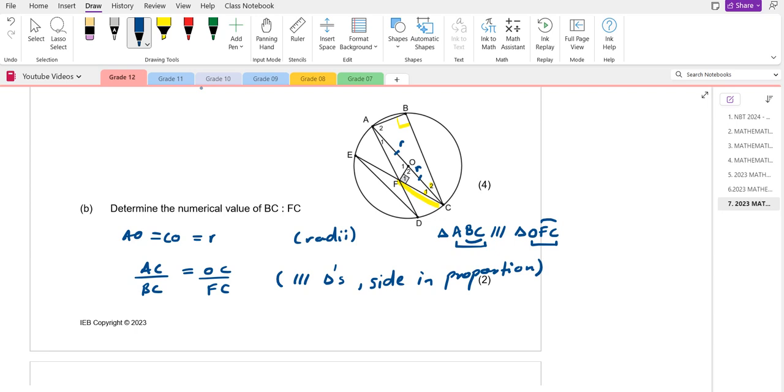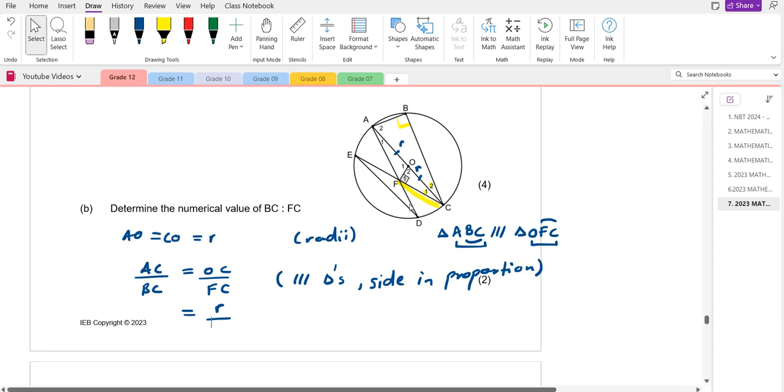So we want OC to FC. Remember, OC is R. Why do we have AC over BC? AC over BC is equal to OC over, no, it's not FC.